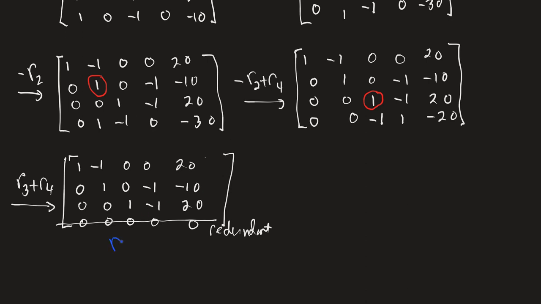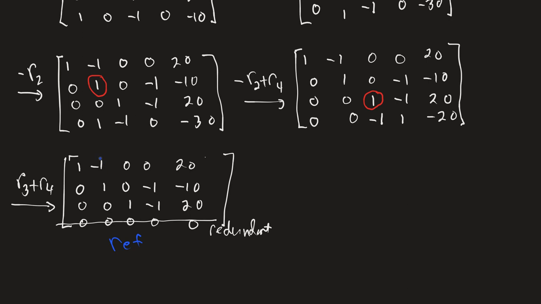We've now gotten it in REF, and it's actually fairly close to being an RREF, because the only thing preventing it from being an RREF is that here is one pivot that has a -1 above it. In all the other columns with a pivot, the other entries are 0.